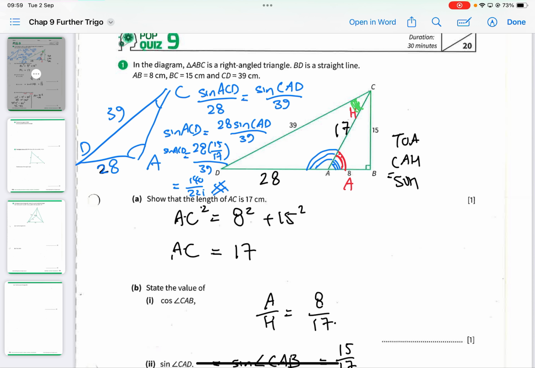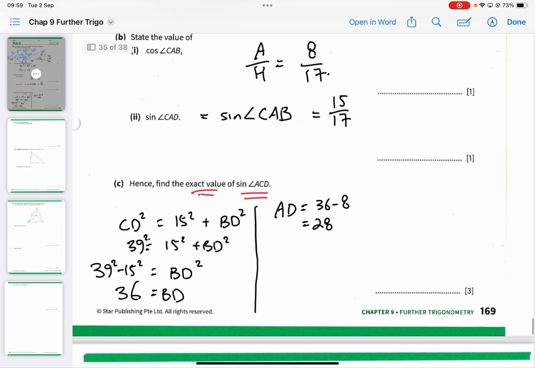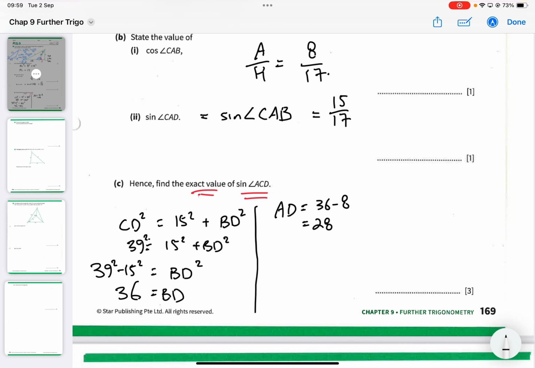Okay, because it's a bit small, I cannot see the picture here if I put everything here. So I write there first. Now, when I write it here, my working will be, I have found AD already. So sine of angle ACD divided by 28 is equal to the sine of angle CAD over 39.